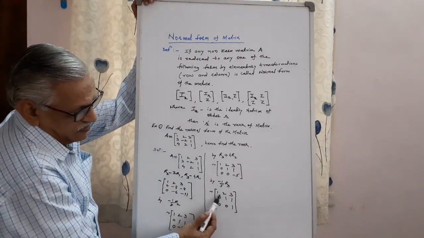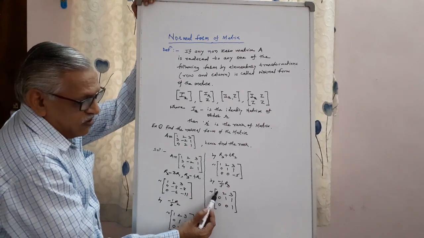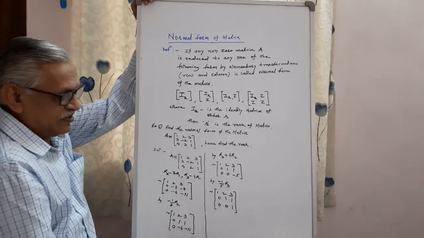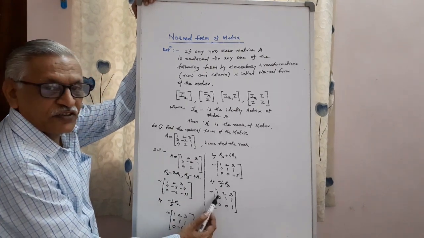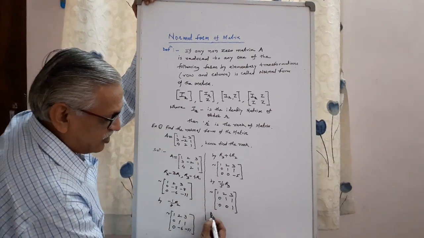Here we have obtained all the principal diagonal elements as 1, and the lower elements as 0, and that's why this is called the canonical form.